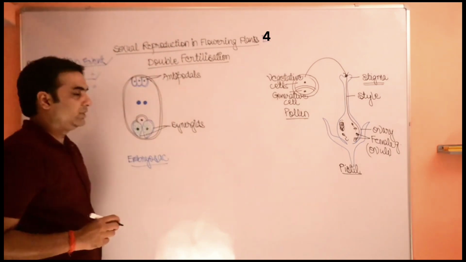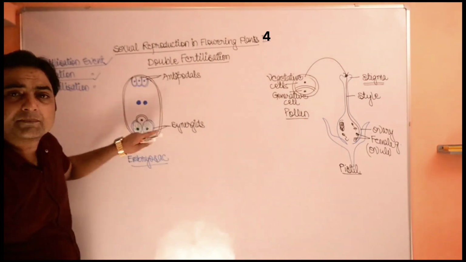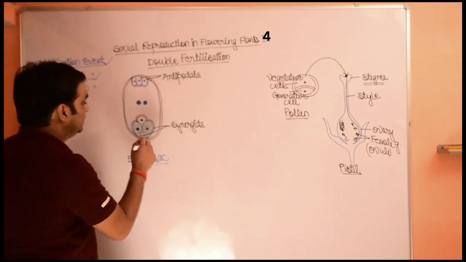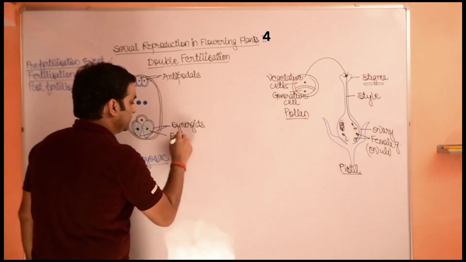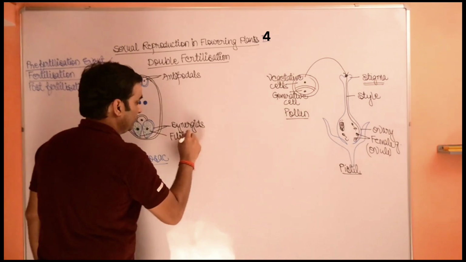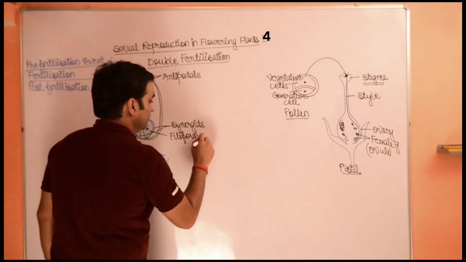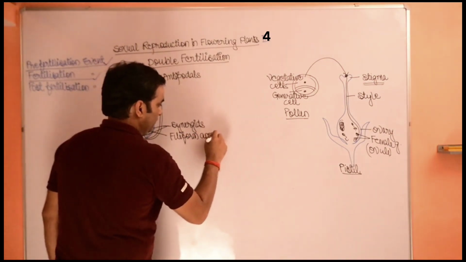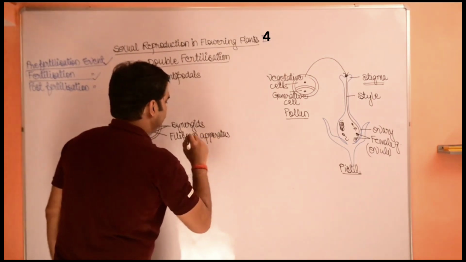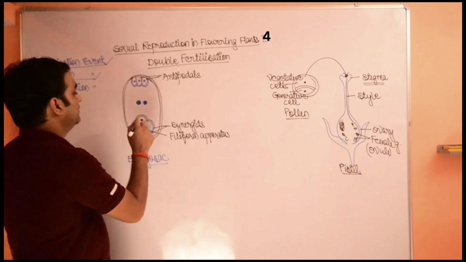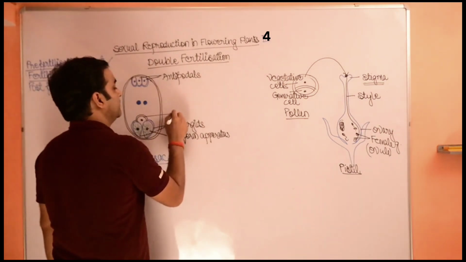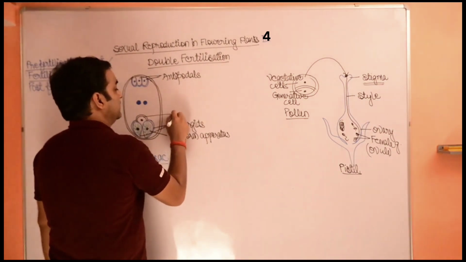The finger-like projections, which I have shown in green, are called the filiform apparatus. The cell which I have drawn in black is called the egg cell.